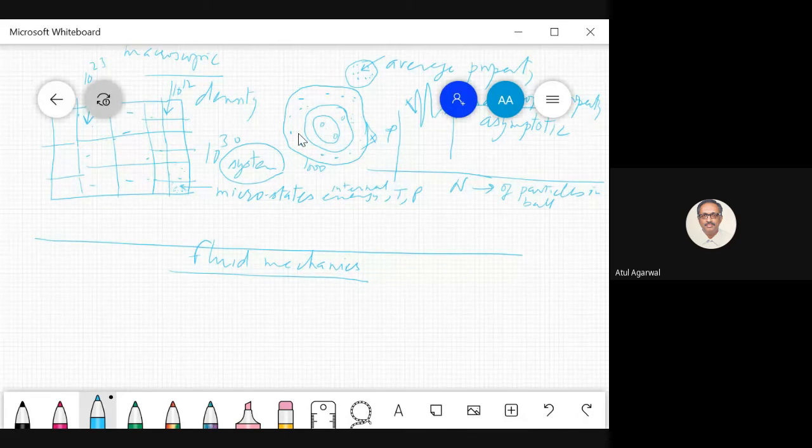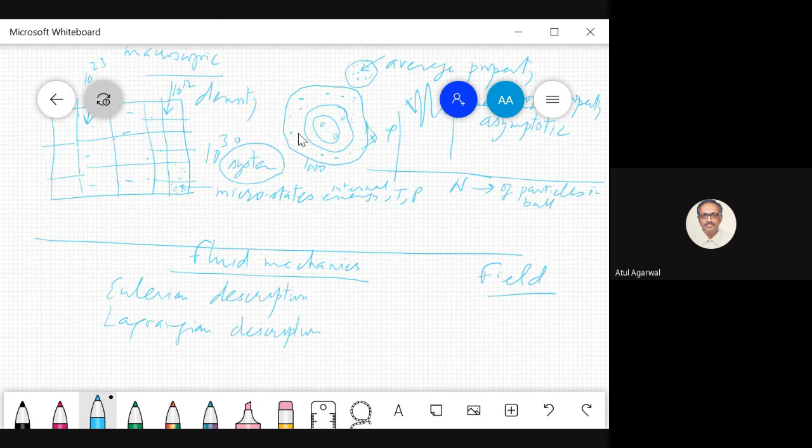So one thing is called Eulerian description. Second thing is Lagrangian description. Another thing is called field. Have you heard of this word field? What is its meaning?